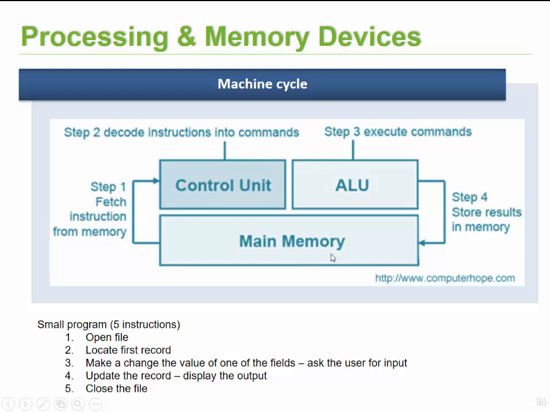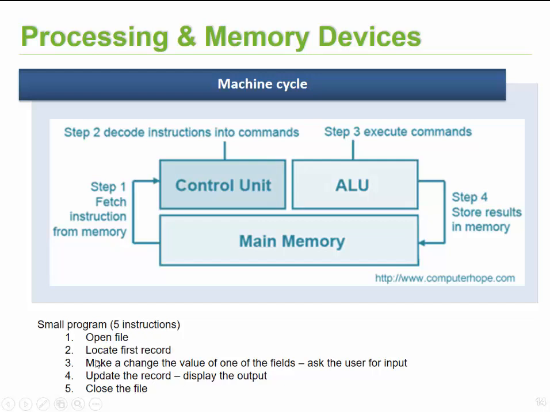So all of this actually happens within milliseconds. So let's say, for example, we have a small program and we've got 5 instructions. Now this is very simplified, and when you do programming you would realize that it's actually very much more complicated. So let's say, for argument's sake, we want to do the following thing. We want to open a file, we want to locate the first record, we want to make a change to the value, ask the user to make that change, and then we want to update the record and close the file.